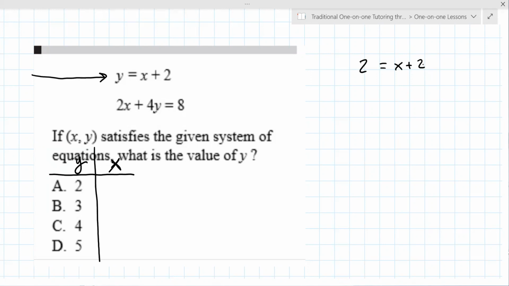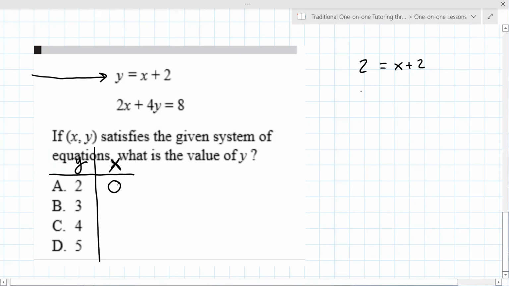And then it's just 0. X is 0. So now do it for 3. 3 equals x plus 2. So I'm using this equation, y equals x plus 2. I'm using the y values that are given from the answers, and you're going to solve for x.